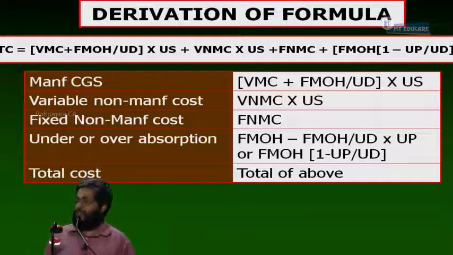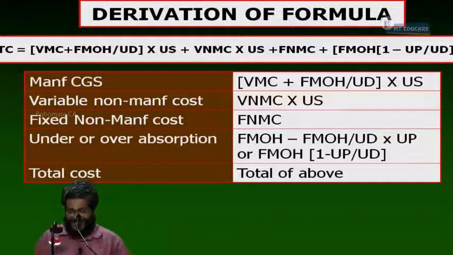Manufacturing cost of goods sold is equal to VMC, variable manufacturing cost, plus FMOH divided by UD, whole thing into US. US means units sold. Can I proceed? Now, next.